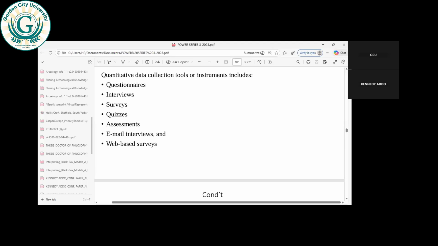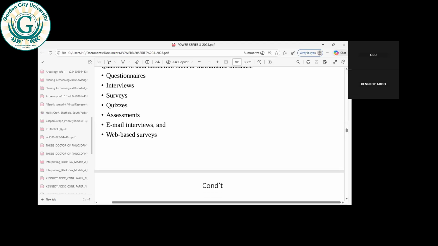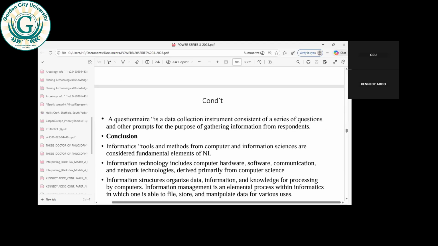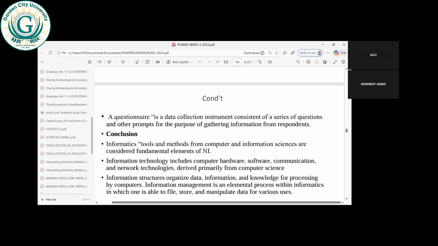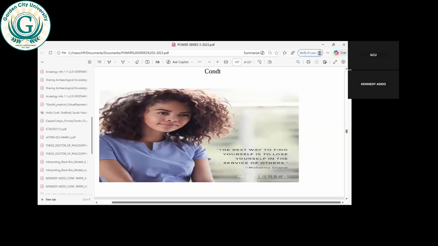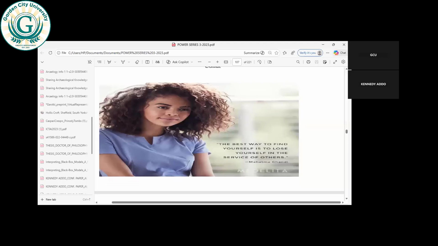Though we have informatics tools proper, these are means of what? Data collection, right? That is questionnaire, interview, survey, quizzes, web-based surveys, among others. All these are data collection tools, but they are not health informatics tools proper; they are research tools, especially in data collection. So I'll just pause here and see whether you have one or two questions.